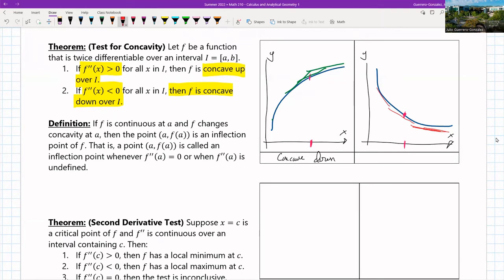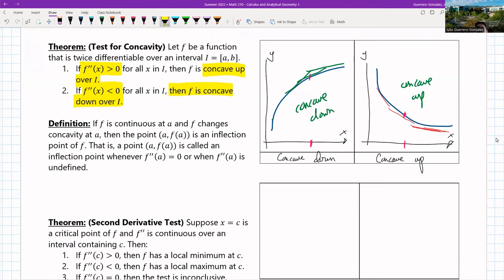The slopes of the tangent lines are increasing. So then this one is going to be concave up, and this one is concave down. Let me label this right here.